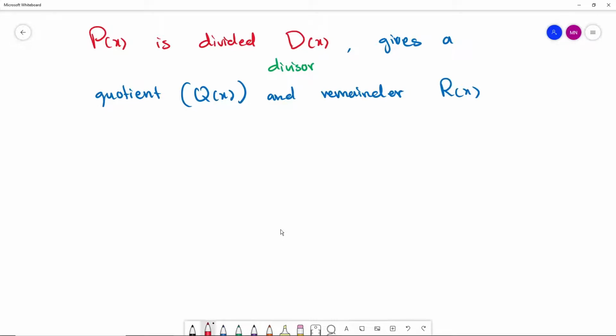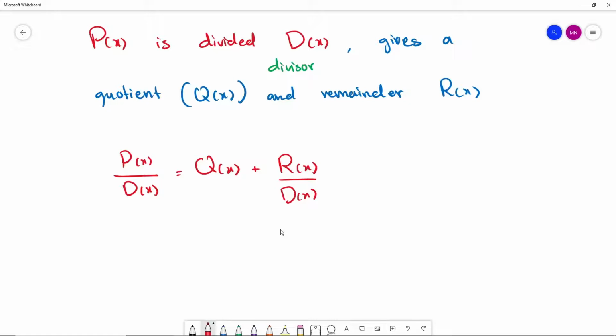Okay, the formula is, let's say we have a polynomial P(x) divided by a divisor D(x), and it will give you the answer called the quotient Q(x) plus the remainder R(x) over D(x).